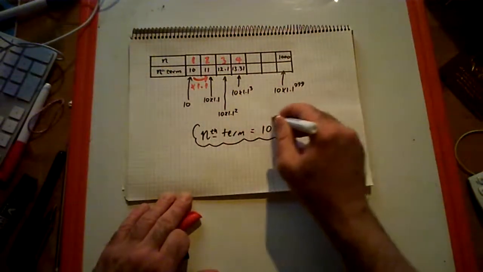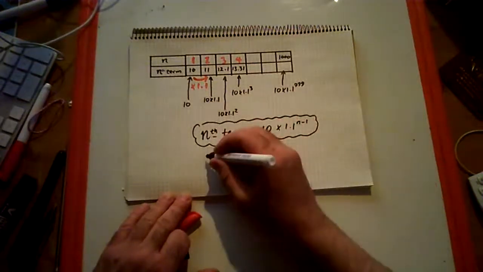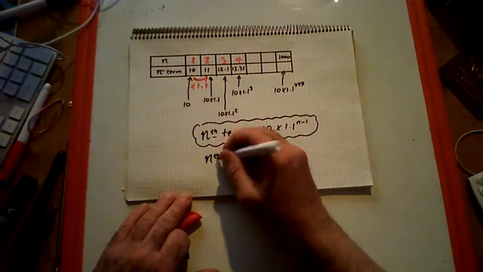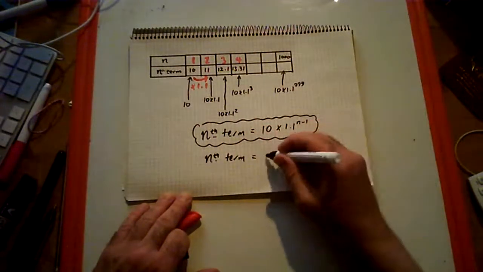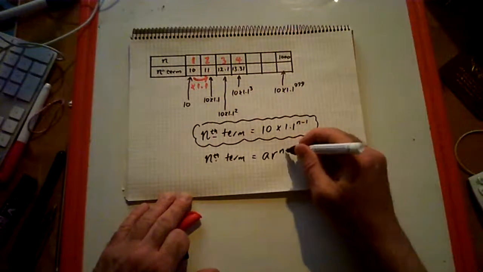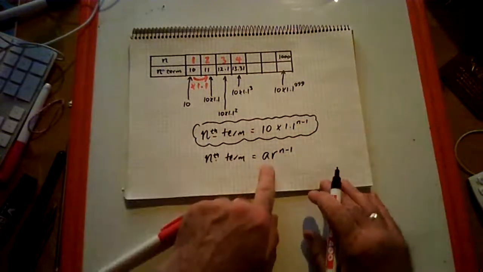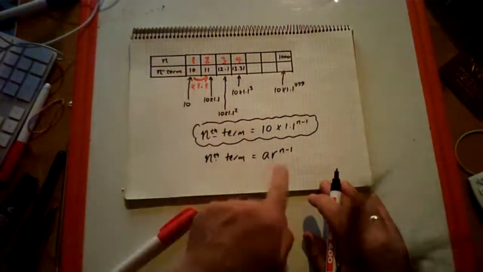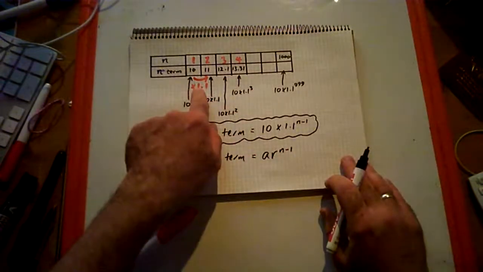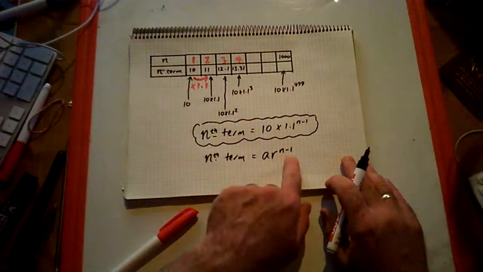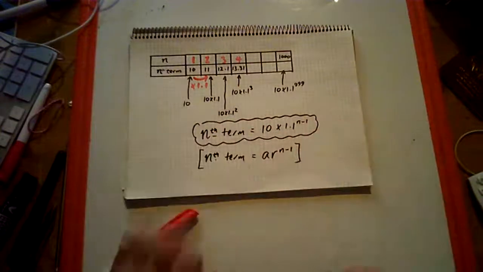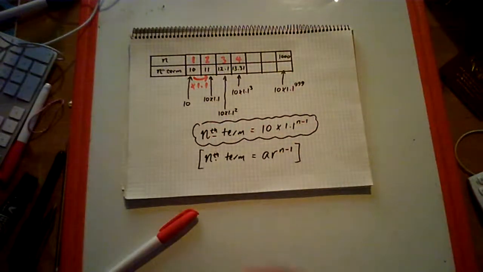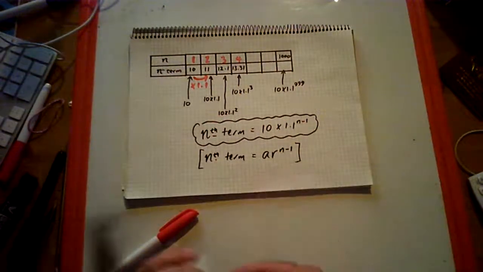And in fact, if you study this a bit further, you'll see a very general formula that the nth term of a geometric sequence is always AR to the n minus 1, where A is the first term, R is the common ratio between terms, 1.1 in this case, and n minus 1, number of terms minus 1. Okay, but that's just for a little bit later in your mathematical career. That's not the point of this video right now.